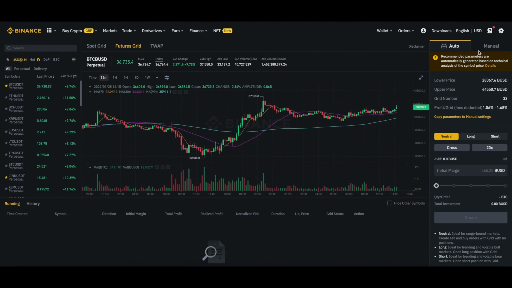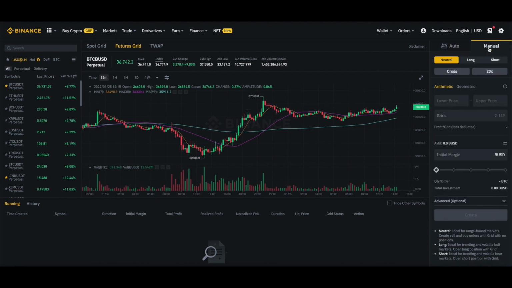You can set up an automatic one if you want, but if you come over to the manual, then you can put it as neutral, so it will have the same amount of grids buying as there are selling. Or if you think that we're going in a bull market, then you can go long, and then there'll be more buys to sells, and obviously shorting is just the opposite round.